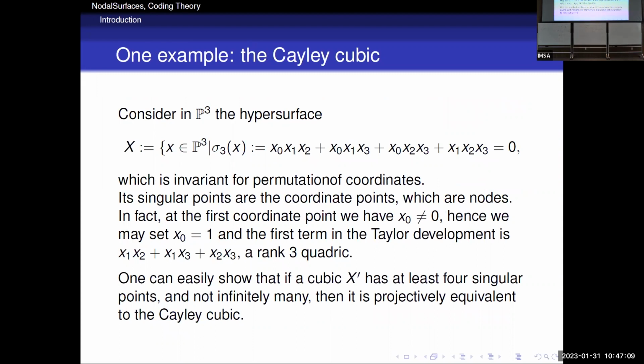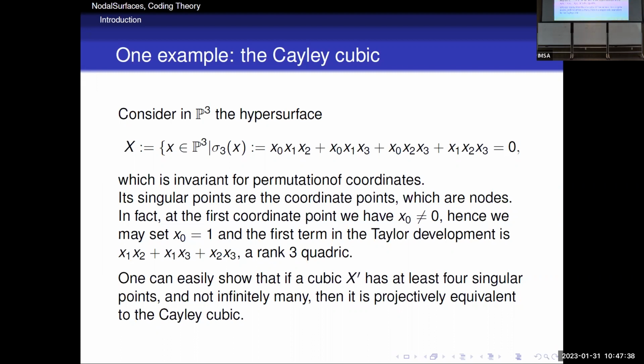So the easiest example historically is in P3, the Kummer cubic. It's given by the zero set of the third elementary symmetric function in X. And it's quite easy to see that the singular points are exactly the four coordinate points. And these are nodes.